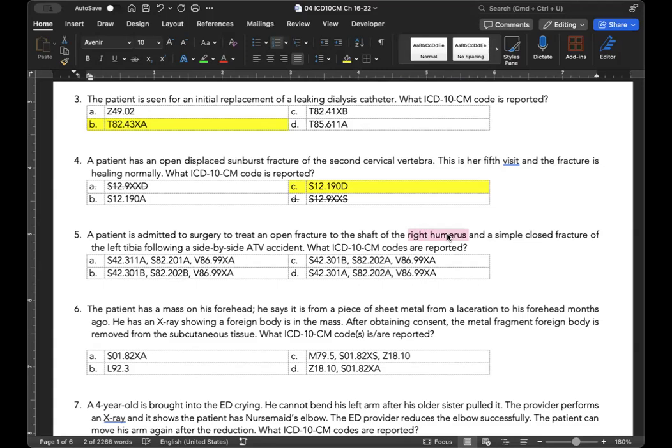I would say we would use letter A because it's an initial encounter because they are in surgery. Okay, they were admitted to surgery. So yes, A and B are both initial encounters. One of them is going to be for an open fracture, one is going to be for a closed. So if we have an initial encounter for an open fracture for the shaft of the right humerus, is that going to be 7th character A or 7th character B?